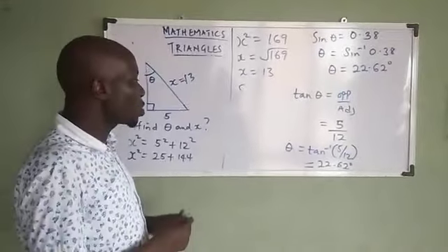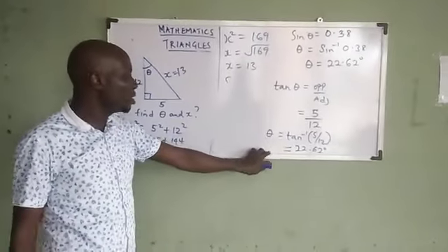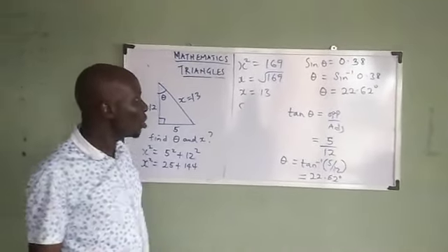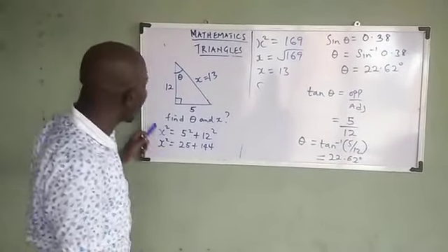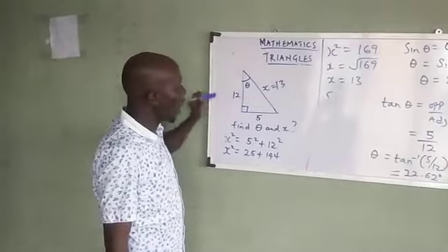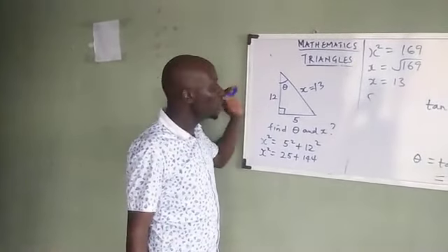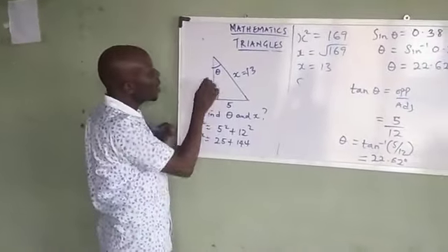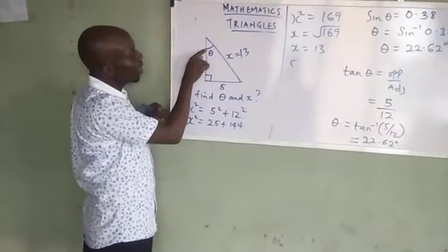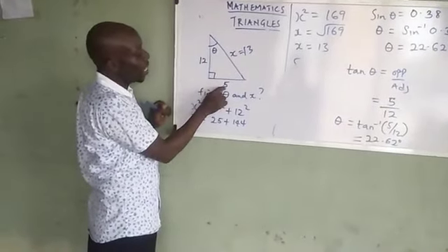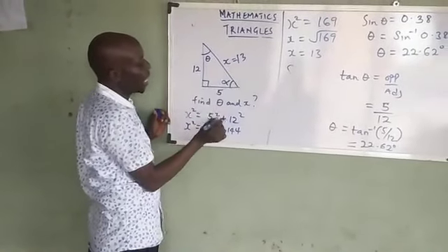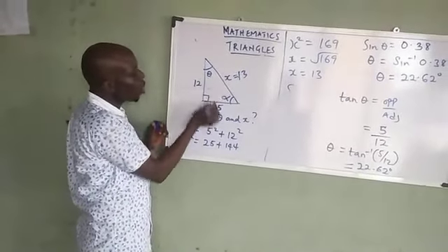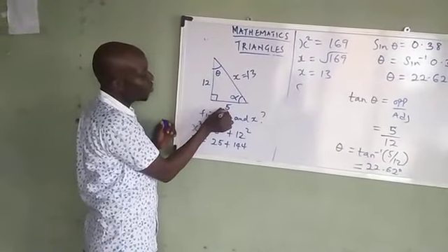Now let me explain something here before we end this class. What is very important here is for you to get your opposite and your adjacent right. The secret is that if your angle is here, your opposite is here. Let's say we have another angle that is alpha here. The opposite of theta is 5.